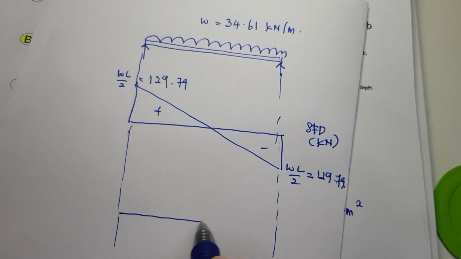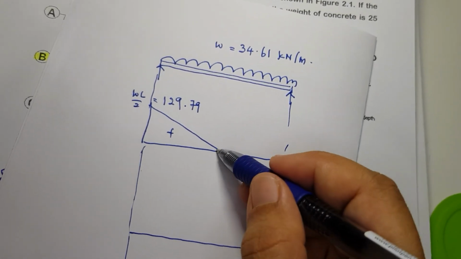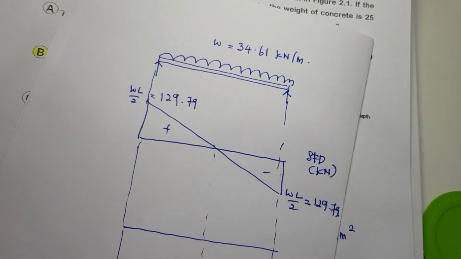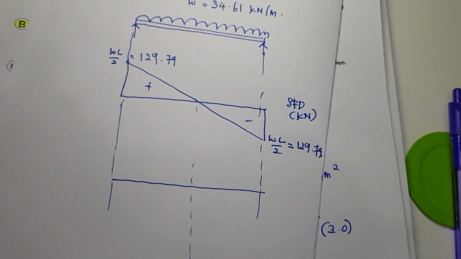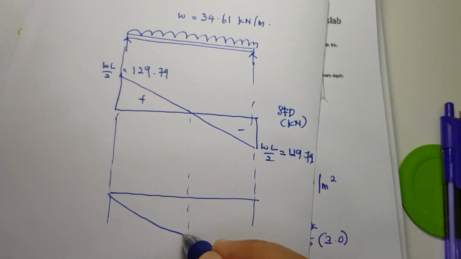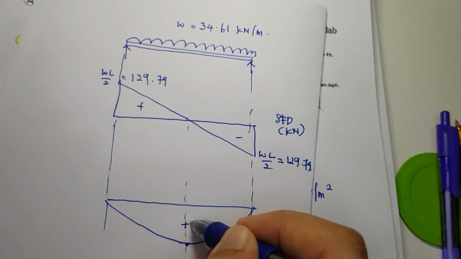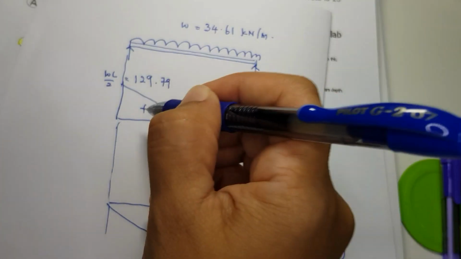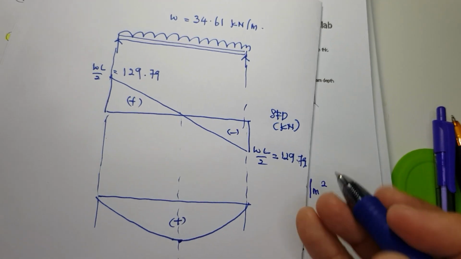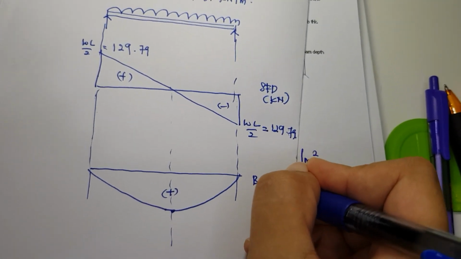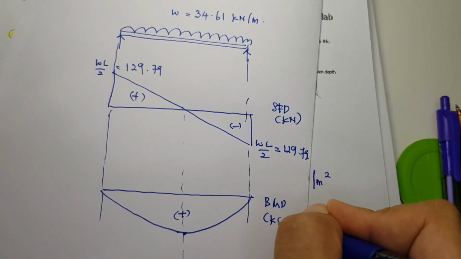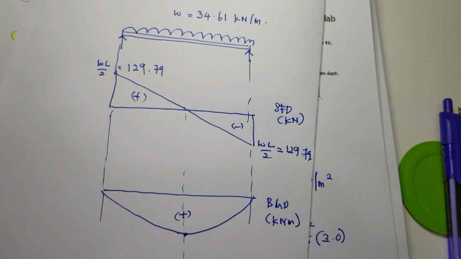For the bending moment, this is the maximum value for moment, positive. Bending moment diagram, unit in kilonewton meter.